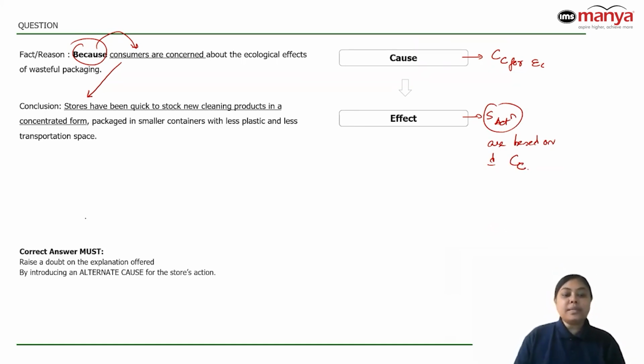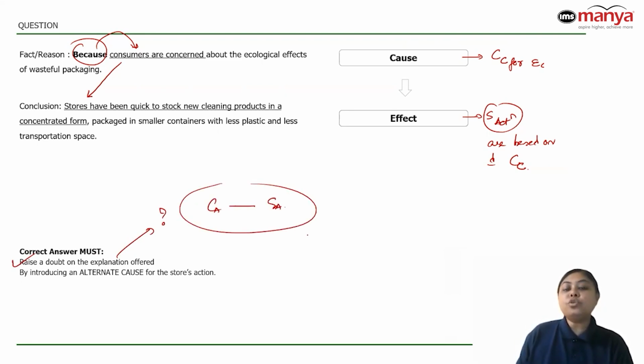Now what I need to do is weaken. Now how do I weaken it? I will weaken by raising a doubt on the explanation that is offered above. Which is the explanation? The bond between the concern and the store's action. So the correct answer has to tell me that this concern is not the cause, but I have an alternate cause.